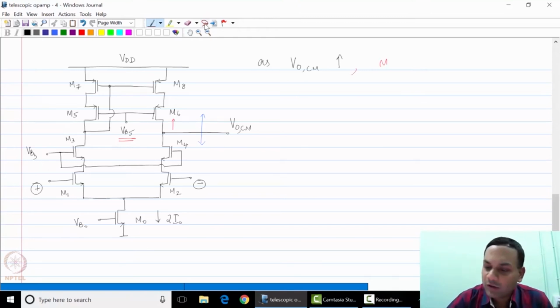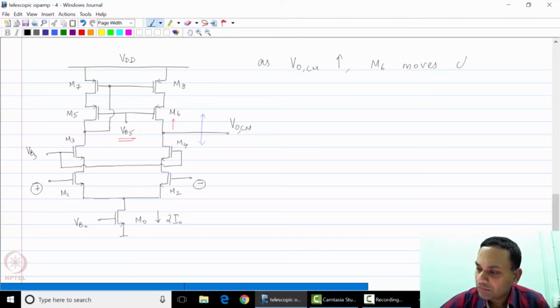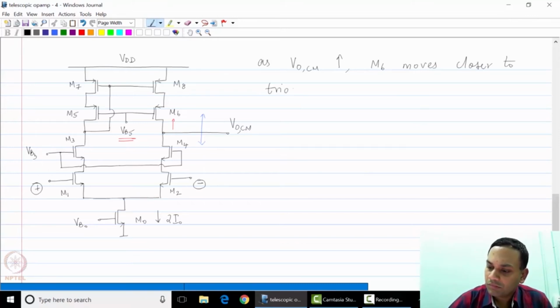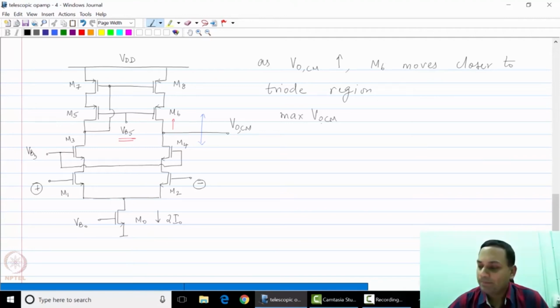M6 moves closer and closer to the triode region. And therefore, the maximum value of VOCM is nothing but VB5 plus VB6.